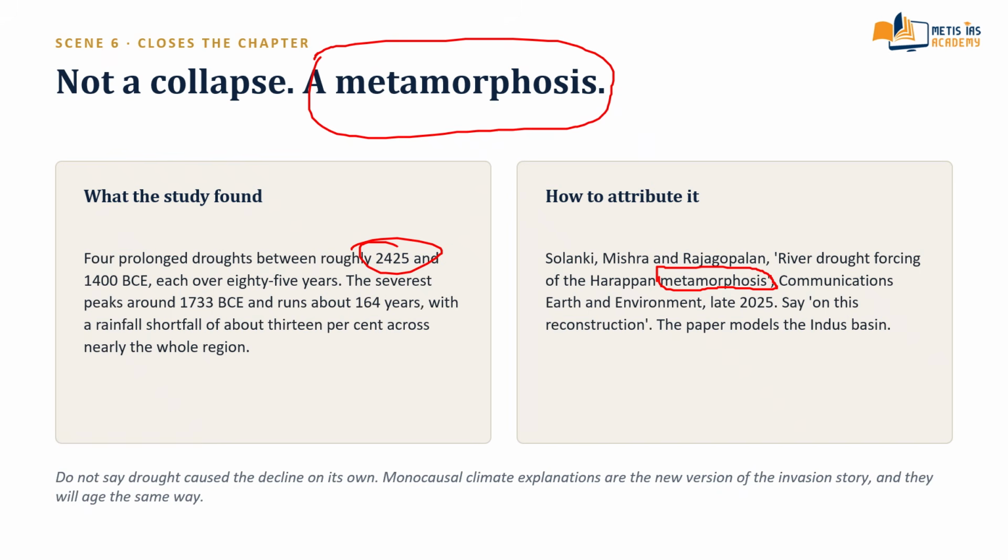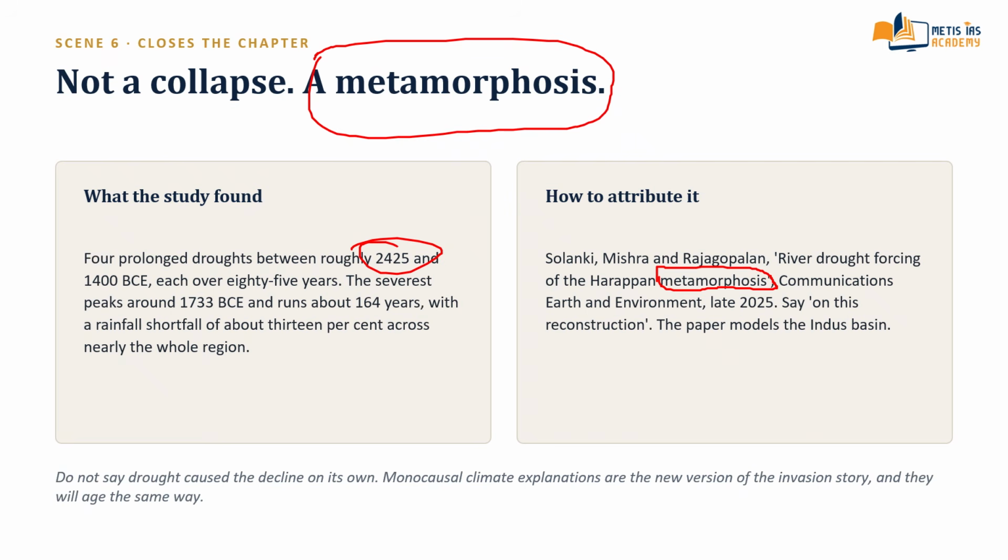For that severest episode, the paper puts the rainfall shortfall at around 13% across nearly the whole region. Behind them on that reconstruction, a shift in the tropical Pacific, a cool La Nina like state that had sustained a strong monsoon through the mature phase, gives way to a warmer regime, and rainfall and river flows fall across the Indus basin.